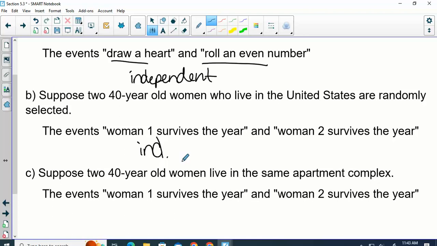Yes. Now, does that mean that if one of them dies, the other one will? Absolutely not. But because they are living in such close proximity, there could be factors that would affect both of their probabilities. If there was an earthquake or some kind of natural disaster right there, that would impact both of them because of their close proximity to one another. So these would be dependent.